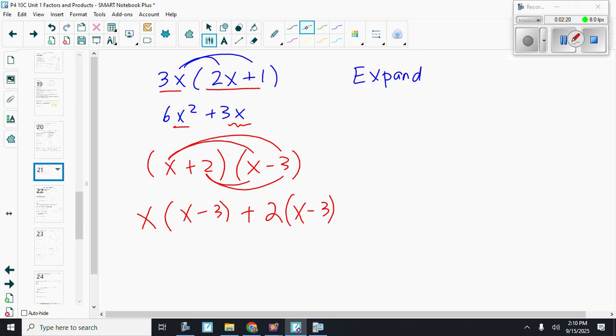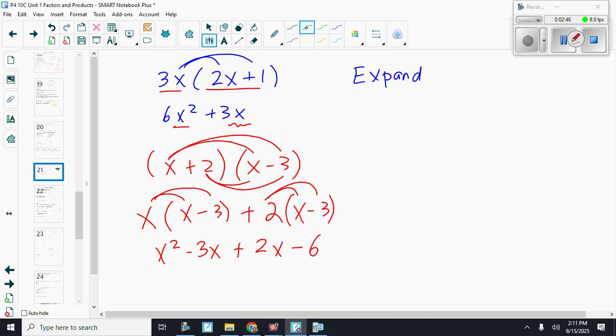So, everybody gets a turn. X gets multiplied by the whole bracket, then we still have to distribute. Then 2 gets multiplied through. You'll notice that when I'm multiplying a number through the bracket, my brackets drop. I don't need brackets anymore once you've done this multiplication.